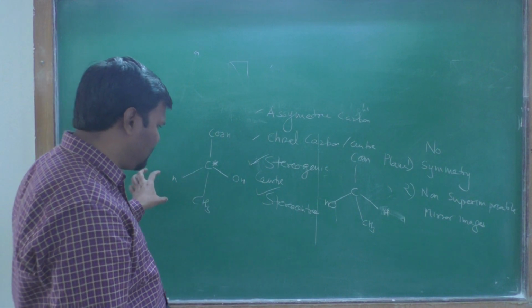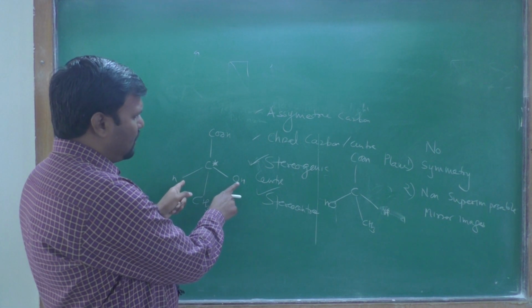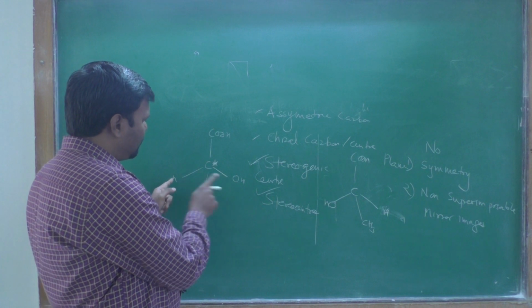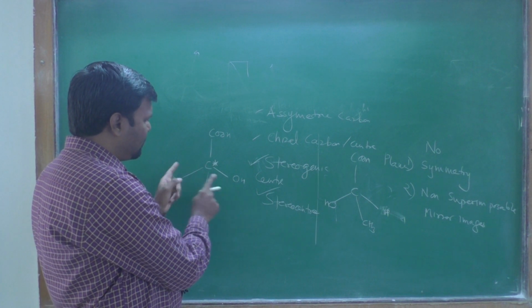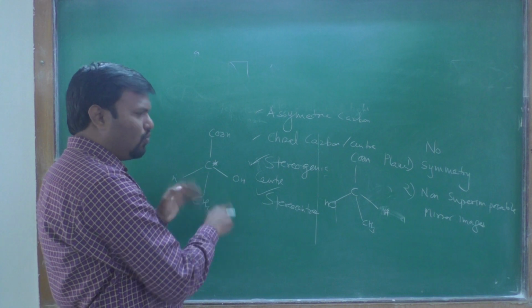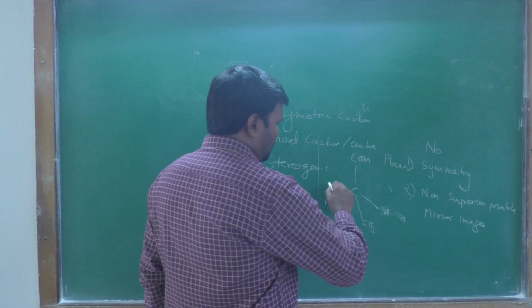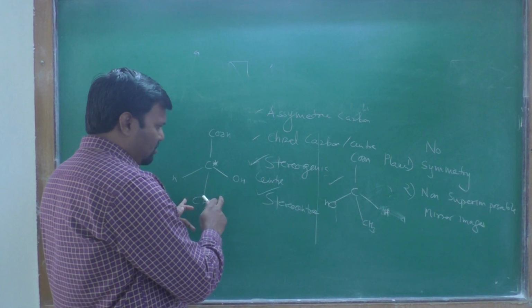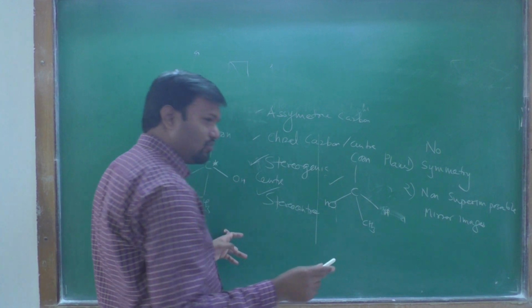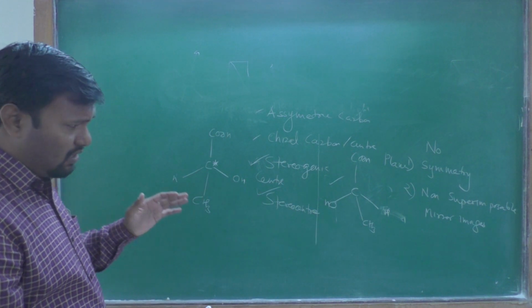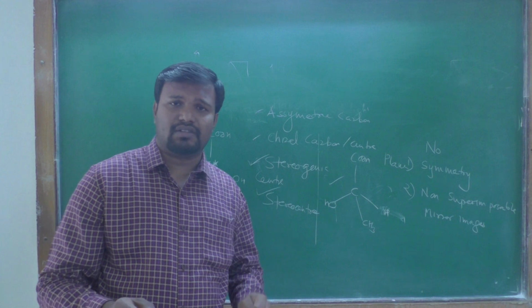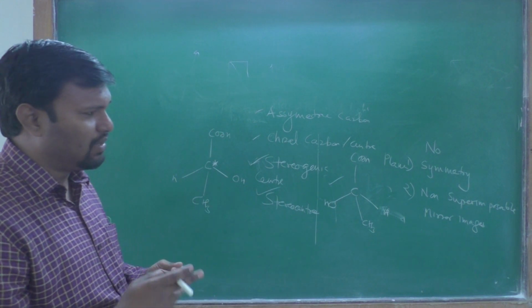Suppose we have lactic acid, and when you interchange the hydrogen with OH, these two groups, after interchanging, we obtain its enantiomer. Okay, these two are the enantiomers. Enantiomers are nothing but non-superimposable mirror images.